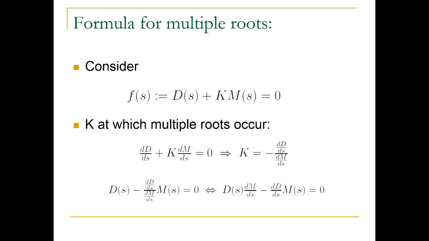Note that here we have a function that depends on k. So I'm using this idea of the derivative: find the derivative, solve for k, and then plug that k in the original equation. The solution of that equation will give you the multiple roots.